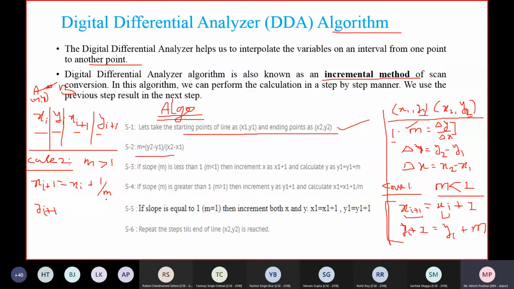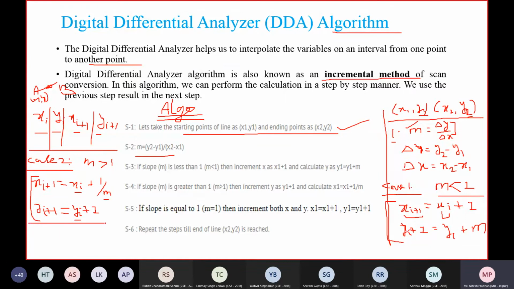This is the formula. And to increase y, you simply increase y by 1 when your slope is greater than 1. So when your slope is greater than 1, you find the next coordinates with the help of these two formulas. Please remember, in these formulas xi, yi is the present pixel position, and m is the slope.